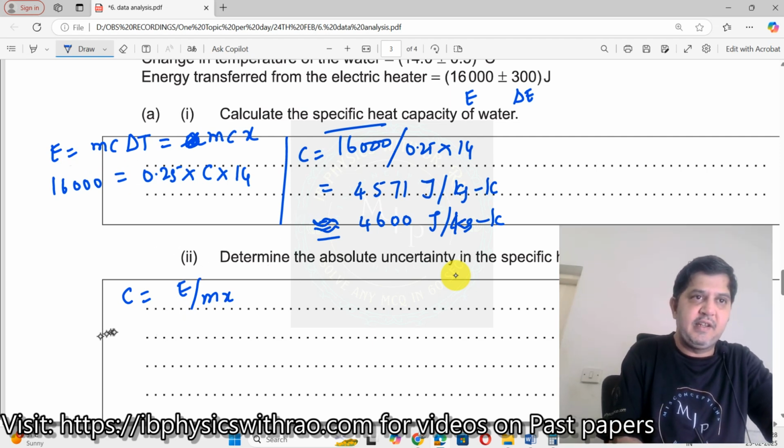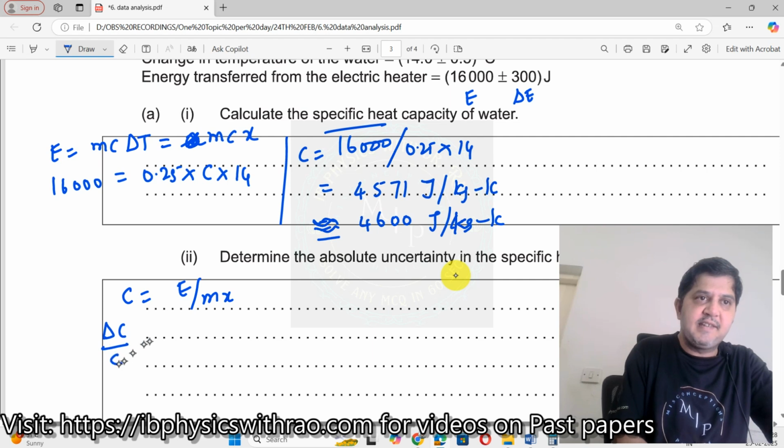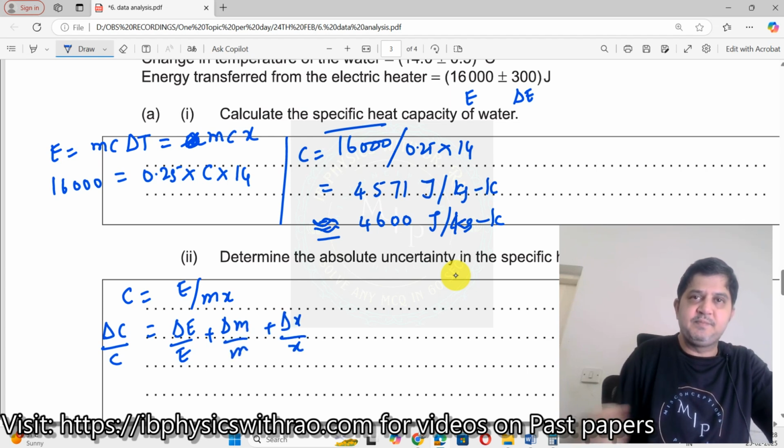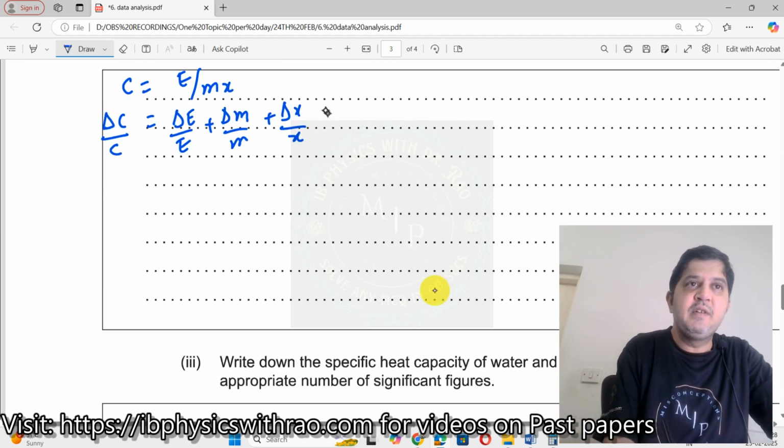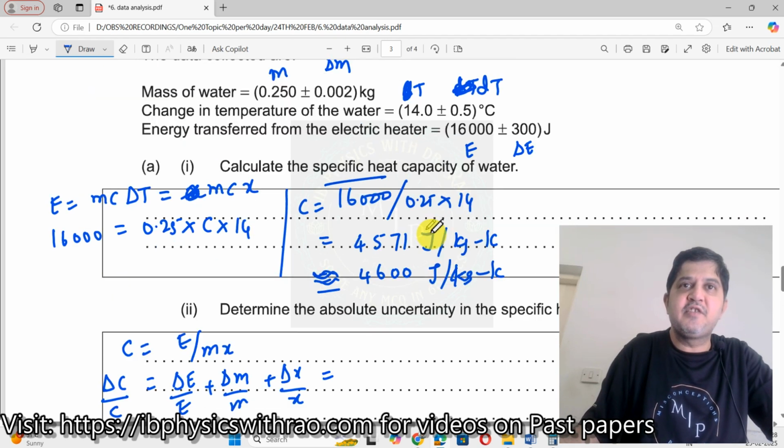Next, we find delta C by C is equal to delta E by E plus delta M by M plus delta X by X. Now I will calculate these values. What is delta E by E? Let us go back here.